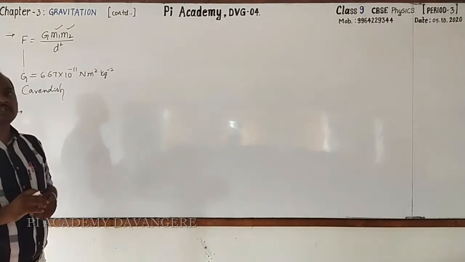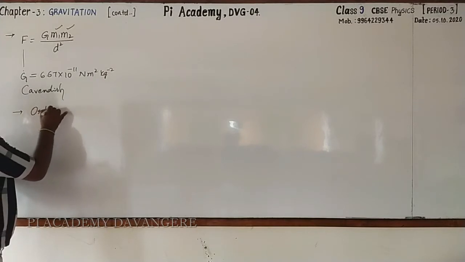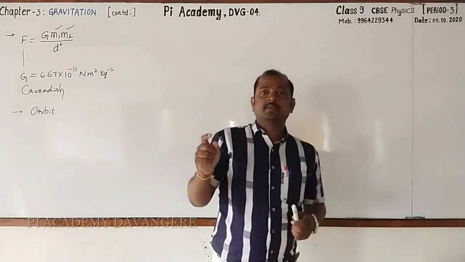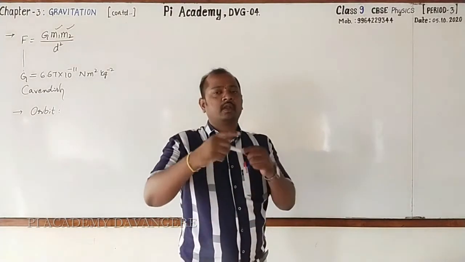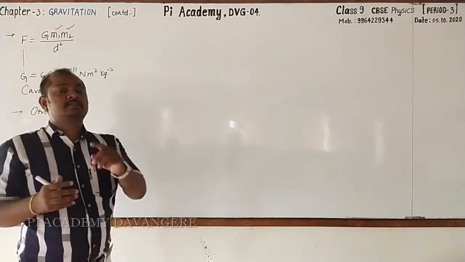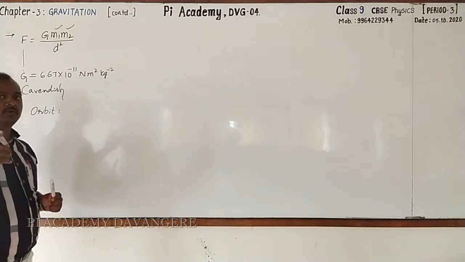Then which is the first law? Very good. It is called the law of orbit. Then what is its statement? Every planet revolves around the sun in an elliptical orbit with the sun situated at one of the two foci. Right?